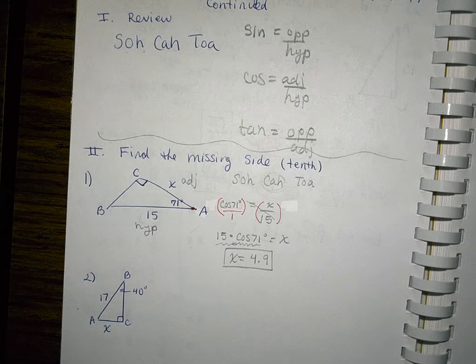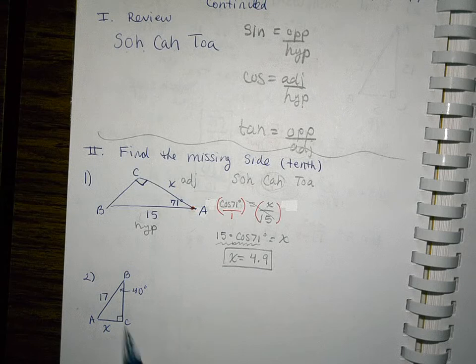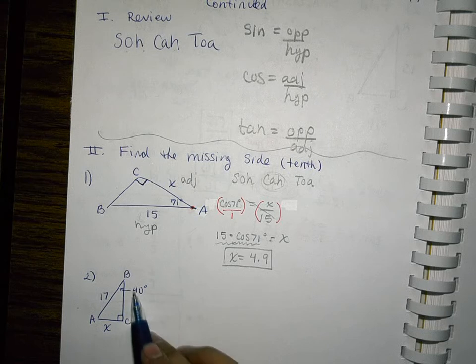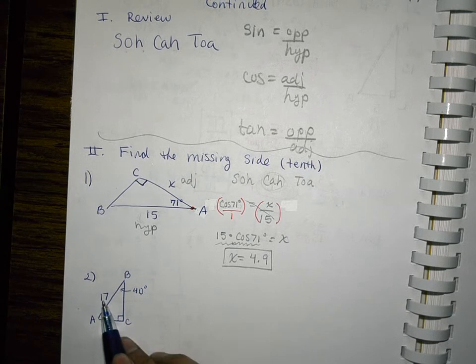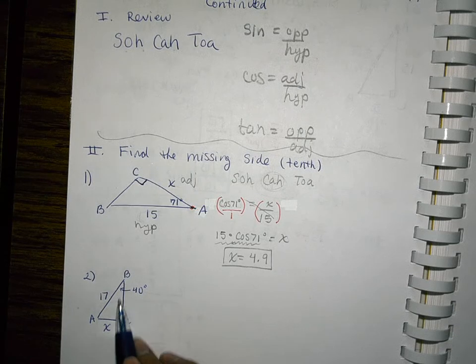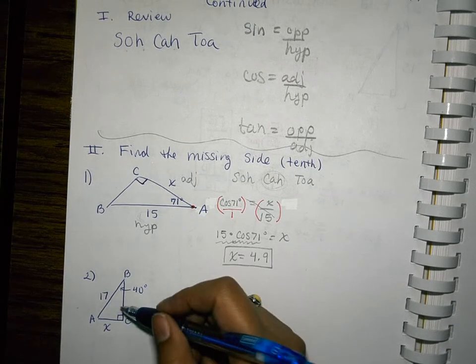And again, this is not a special triangle, 45, 45, 90. It's not, because 40 and 90 doesn't work. It's not a 30, 60, 90, and we cannot use Pythagorean's theorem to find this missing side because I do not know the length of BC. I cannot plug in a squared plus b squared equals c squared if I do not know this side length. I know this angle is 40 degrees, but I do not know side length BC.